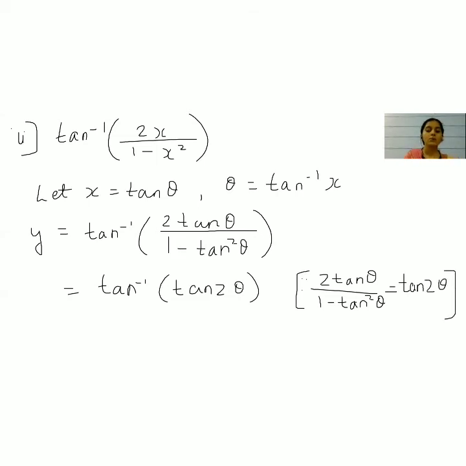Okay, now what is tan inverse of tan? It is 2 theta, right? And so again we'll put y equal to 2 tan inverse of x, substituting theta again, so tan inverse of x. So the answer for dy by dx will be equal to 2 upon 1 plus x square.